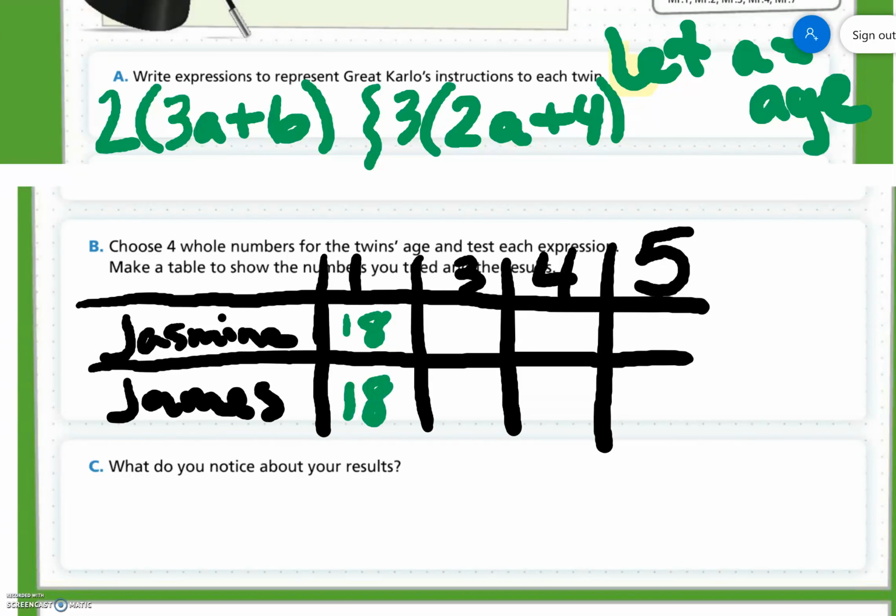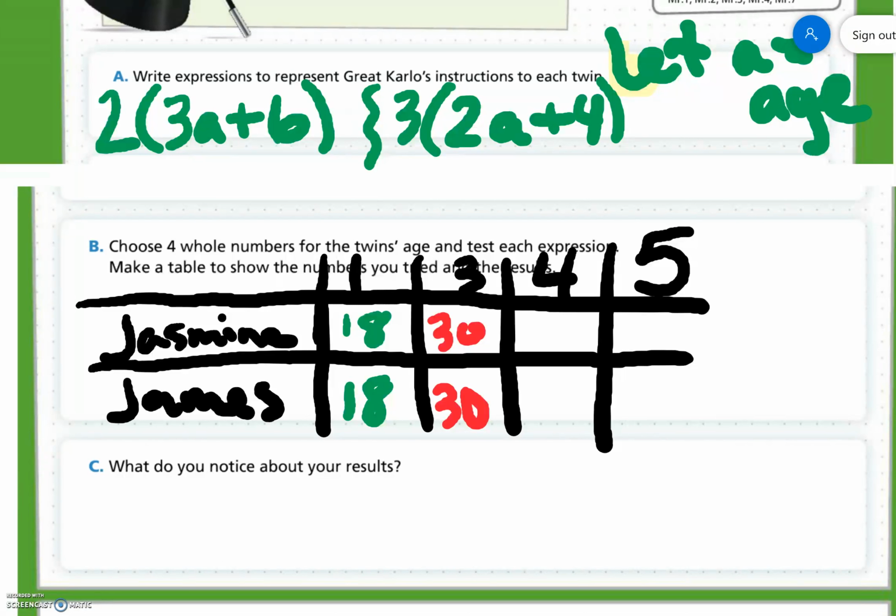All right, now let's plug in 3. 3 times 3 is 9, plus 6 is 15, times 2 is 30. 2 times 3 is 6, plus 4 is 10. 10 times 3 is also 30.